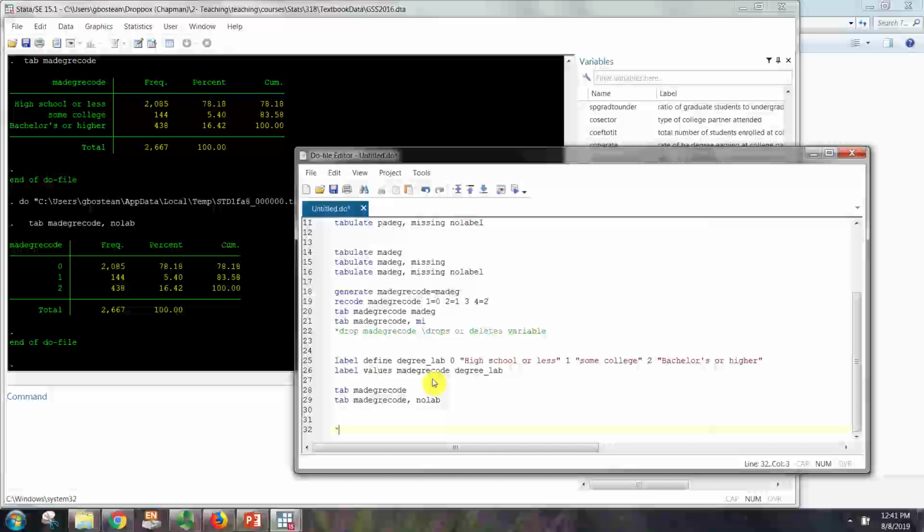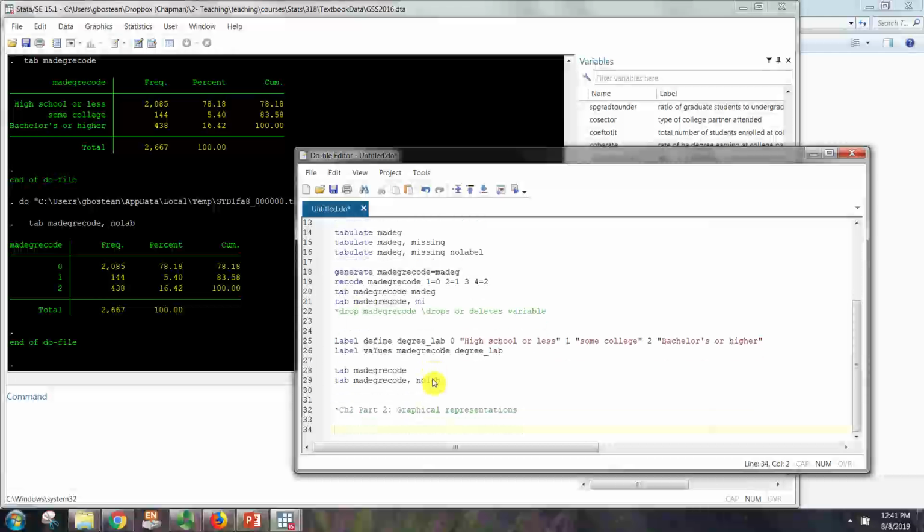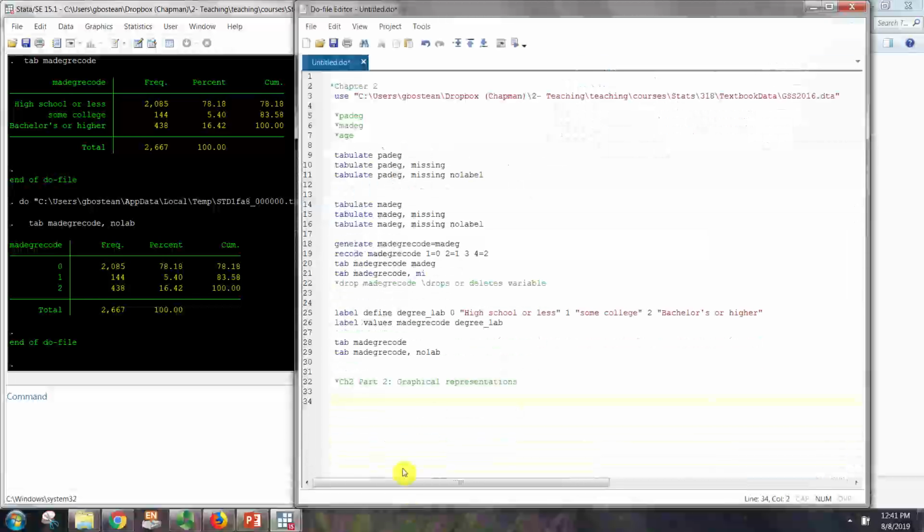So now we're going to do Chapter 2, Part 2, which is Graphical Representations, basically visualizing your data so that you can explore it and better understand the data distribution.